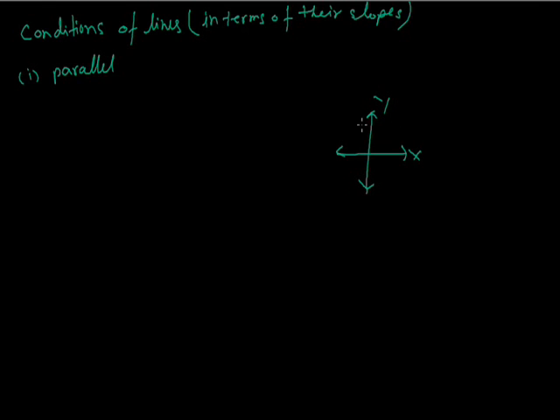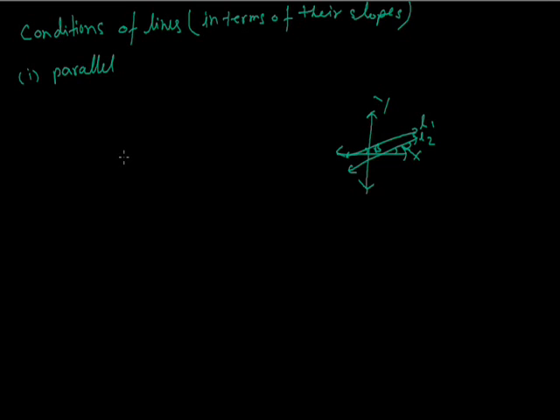Suppose x-axis and y-axis, and two lines like this which are parallel to each other. Suppose this line is L1, this line is L2, this angle is alpha and this angle is beta.